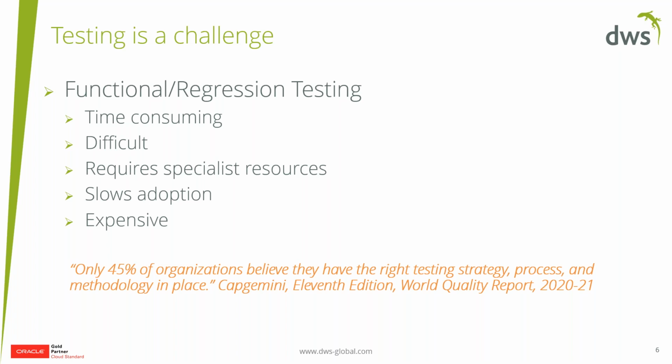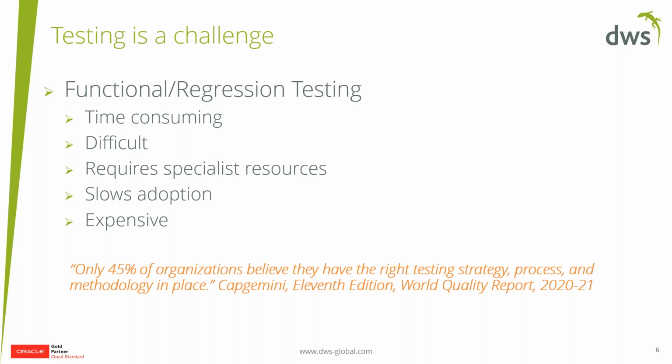Functional and regression testing are really seen as very time-consuming. Actually, running that process and running that activity in a project is seen as very difficult. I would say, in speaking with organizations, many times it does require specialist resources that they're either having to allocate from within their organization or bringing in special resources.